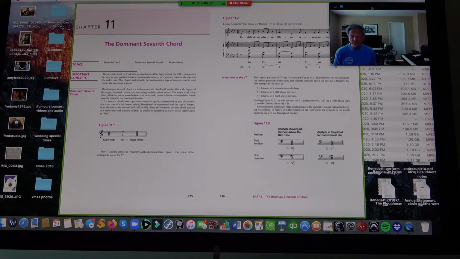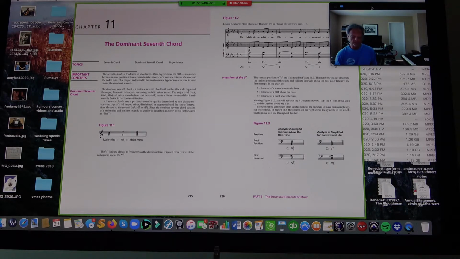And the interval from the root to the seventh degree is a very specific one, and it's an interval of a minor seventh. And so you get that particular sound when you're in a certain key, and you start on the 5 chord.